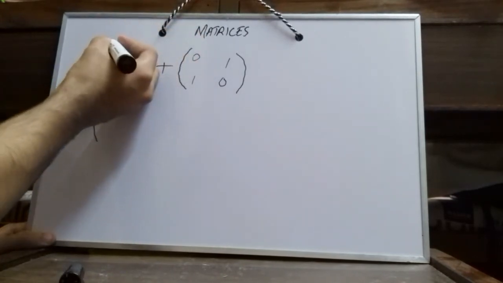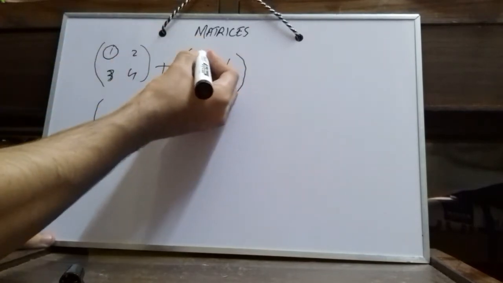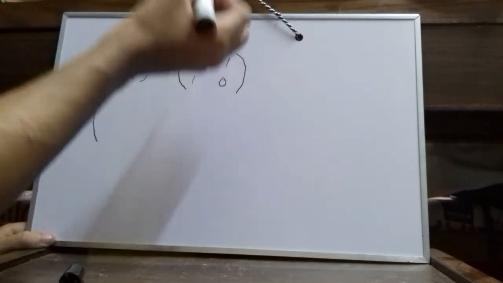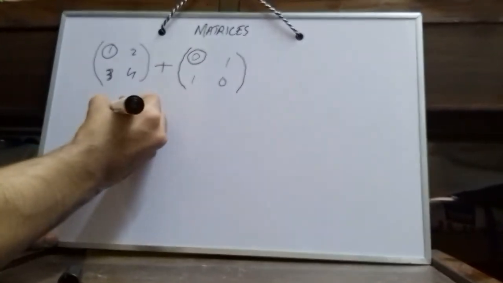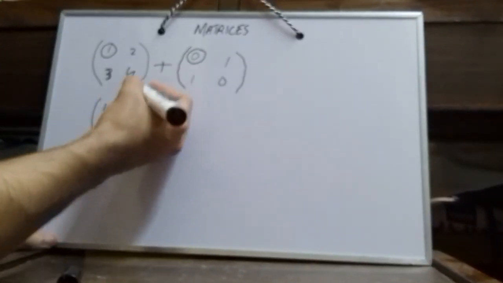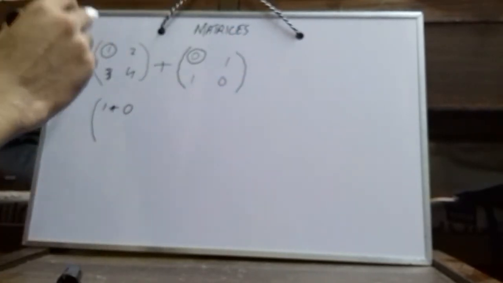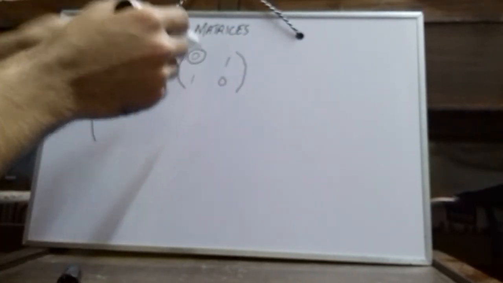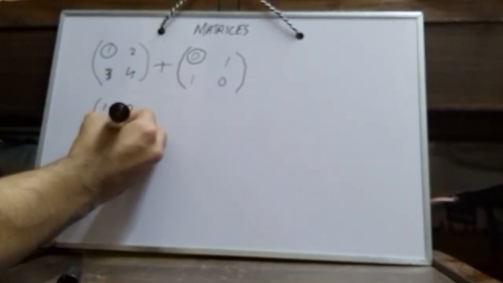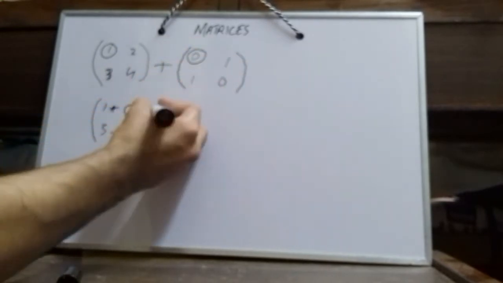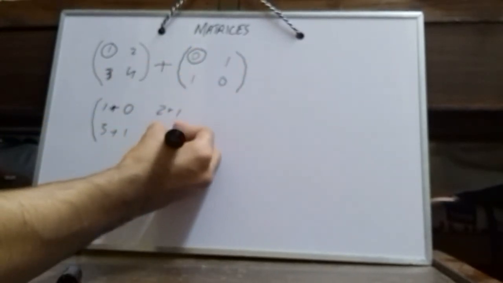The first row, first column in the first matrix will be added to the first row, first column in the second matrix. So we'll write 1 plus 0. Likewise, each entry would be added to the corresponding entry in the second matrix. Like 3 would be added to 1, 3 plus 1. 2 would be added to 1, 2 plus 1. 4 would be added to 0, 4 plus 0.